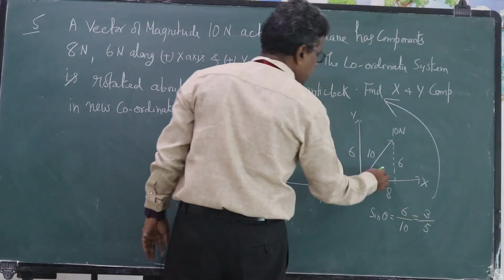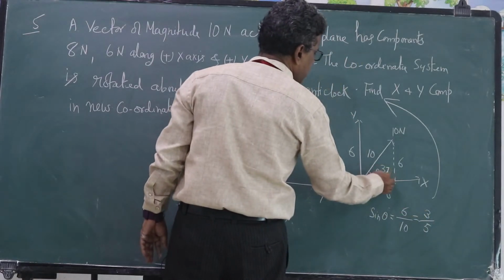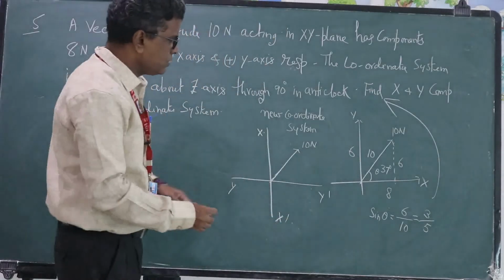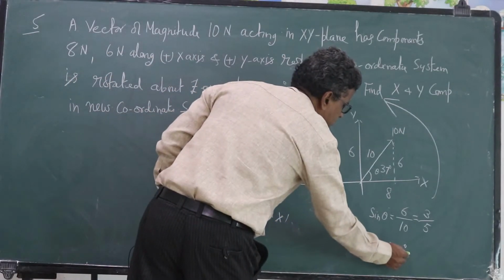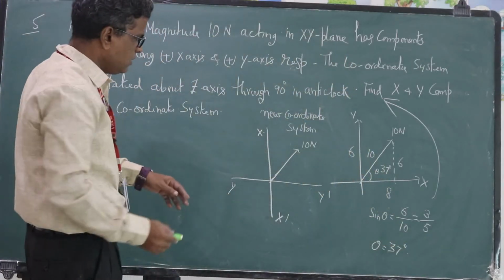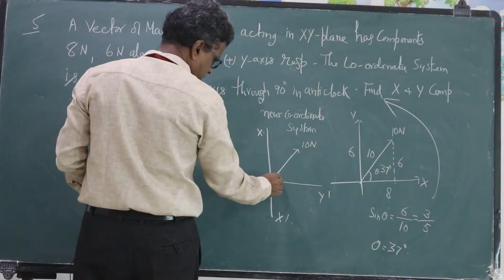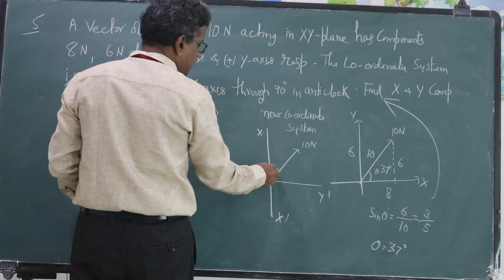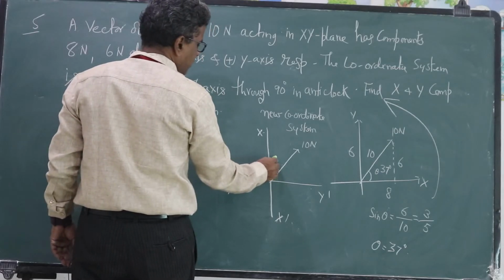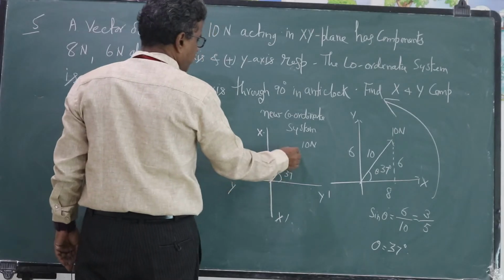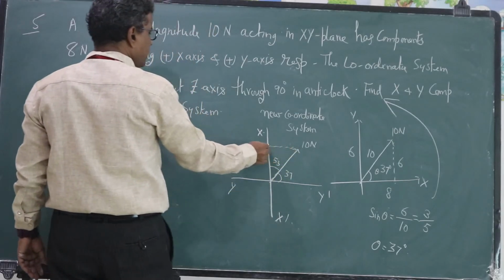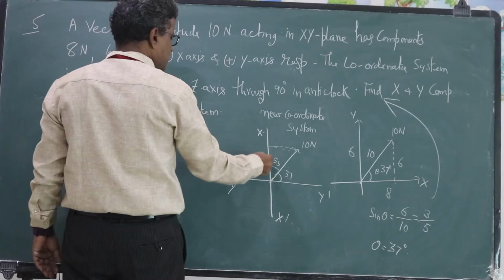So this theta is 37 degrees. So the vector is like this. This is 37, then this one is 53. Now we want the x component.